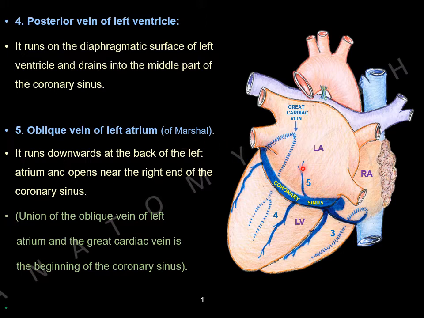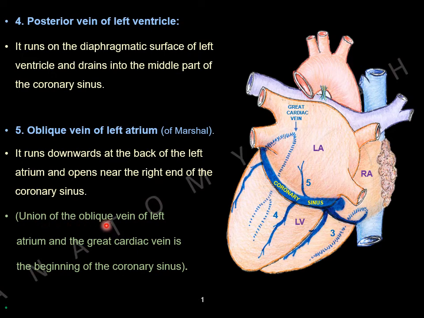It runs downwards at the back of the left atrium and opens near the right end of the coronary sinus. It is coming down from the posterior surface of the left atrium and drains into the coronary sinus. This is oblique vein of left atrium of Marshall.